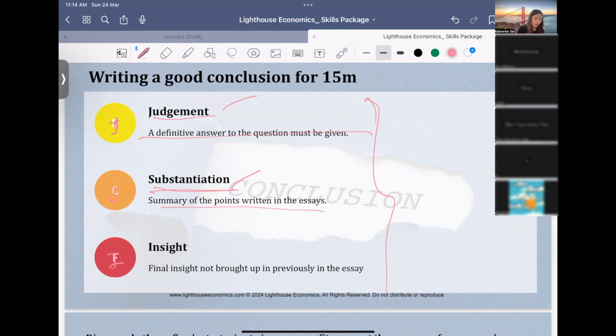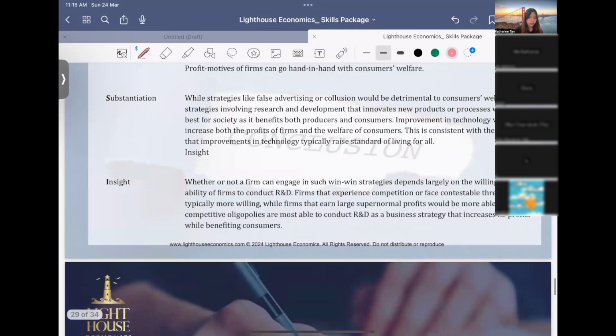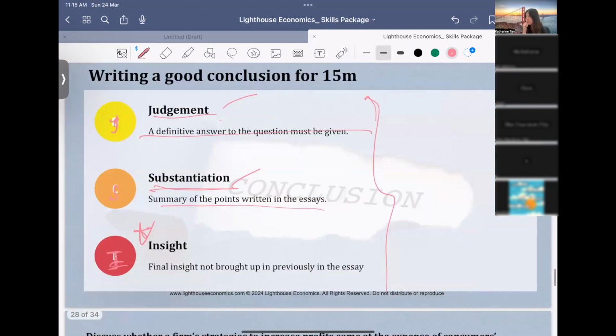This is the insight part, and this is important. You must bring in one concept or one idea that has not been mentioned in the question at all as your final evaluation point. For example, let me think of an example. Let's say just now we talked about the standard of living one.